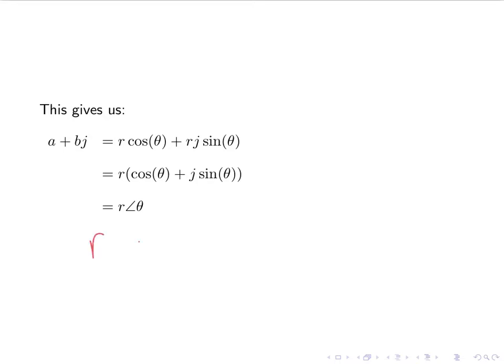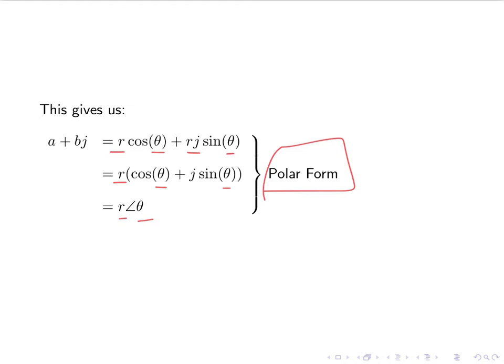So this is r, you can say angle theta. It gives me the r, it gives me that length, and it gives me theta. All three of these that have the r and the theta are called polar form. So if you see cosine and sine, and you see a theta, you see an angle, that is polar form.